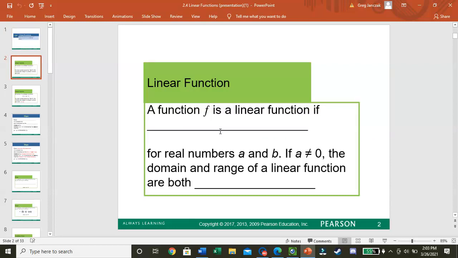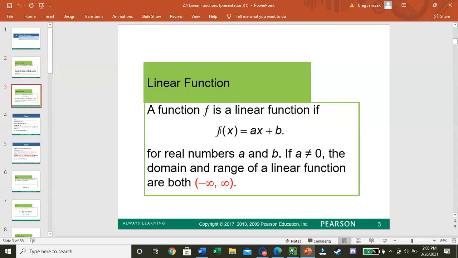On your sheet, a linear function is in the form f of x equals ax plus b, where the main difference is the power for x is x to the first power. That defines a linear function.